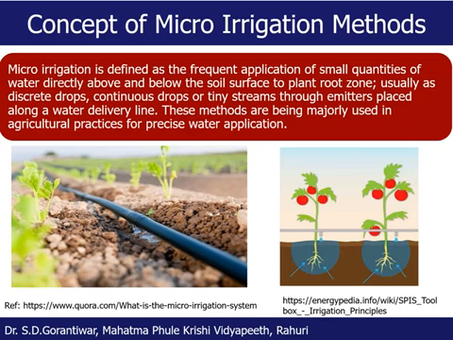Therefore, though it is possible, it is not feasible in case of the sprinkler irrigation system, because on one side we apply water not in a micro amount, but in an amount which is much more than the micro amount. That is one thing. And then the peculiar nature of the sprinkler irrigation system doesn't allow us to go for very frequent irrigation like in case of the micro irrigation method.